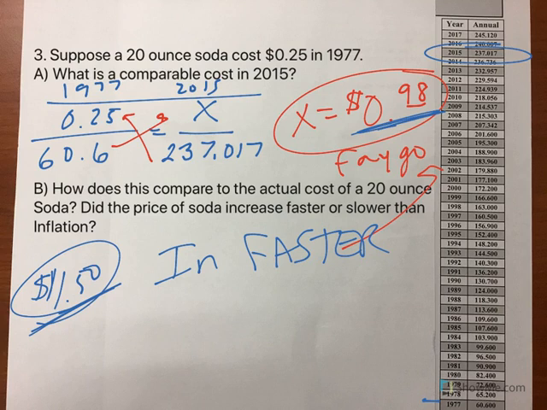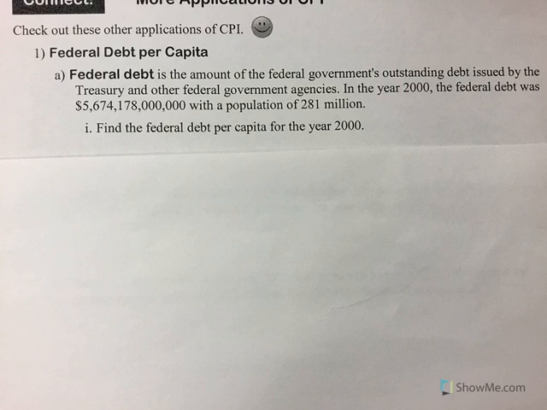So the price has surpassed inflation and gotten higher. I hope that makes sense. So it's gone definitely faster than inflation. Now, just real quick, maybe if you buy the 20-ounce sodas in a 6-pack, like at Meijer or Walmart or something in the grocery store, that might be different. But if you're just buying a 20-ounce soda at the gas station, it grew faster than inflation.